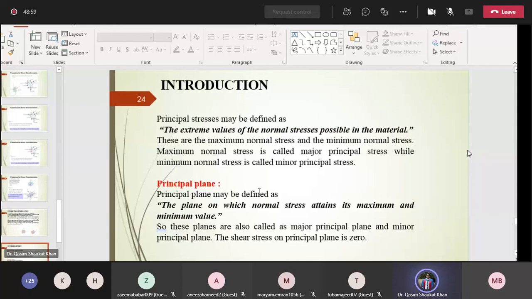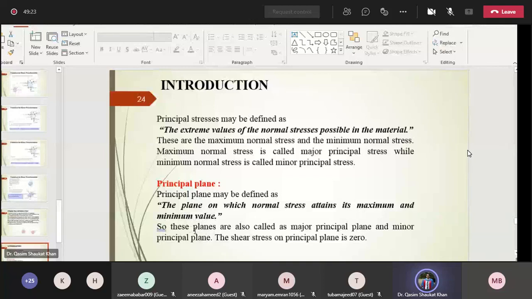So over the major principal plane you will have the major principal stress, and over the minor principal plane you will have the minor principal stress.